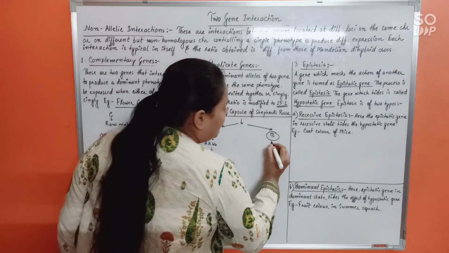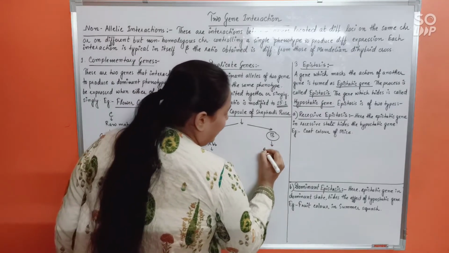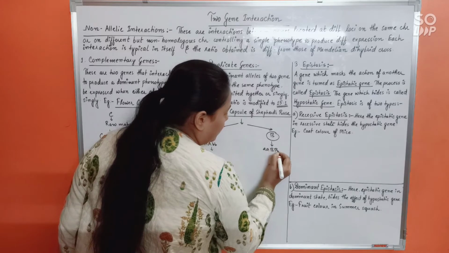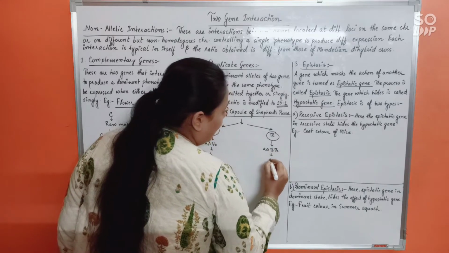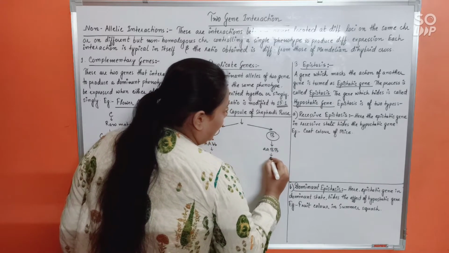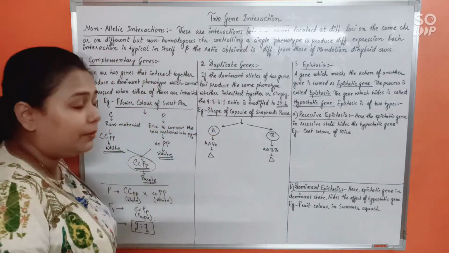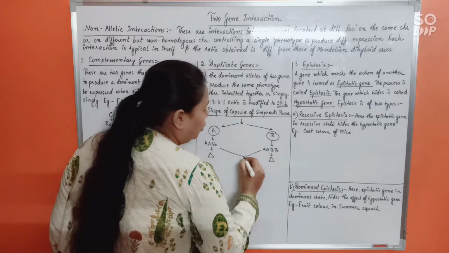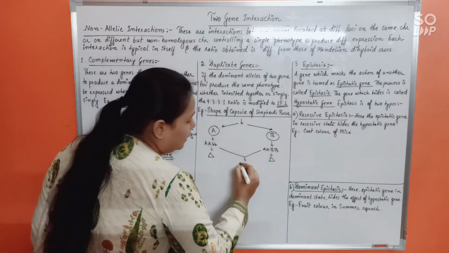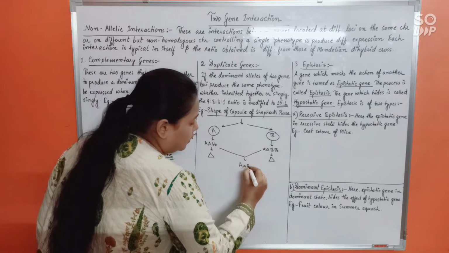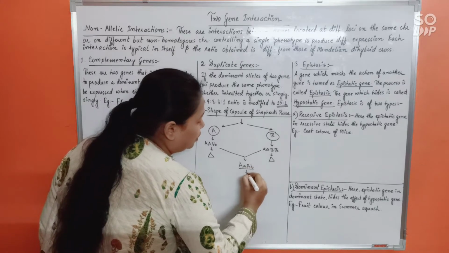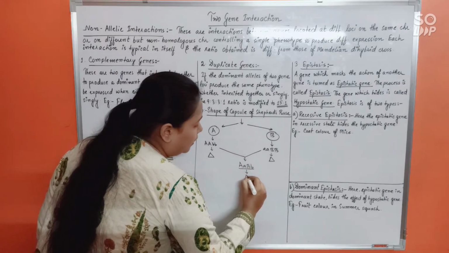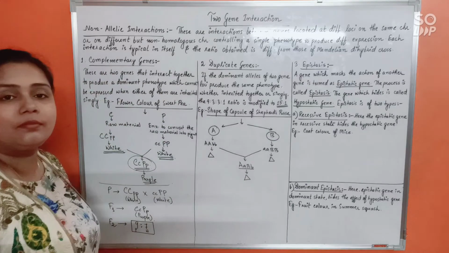Likewise, if B is inherited singly, then too the shape is a triangle. Also, when both are inherited together, now too the shape of the capsule will be triangular.